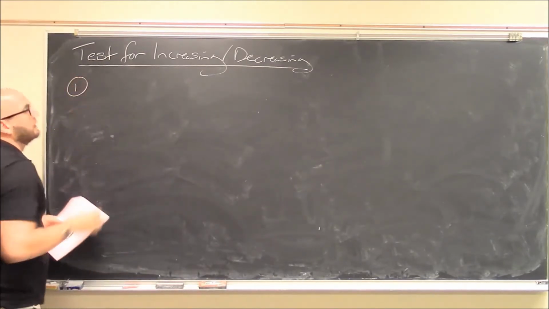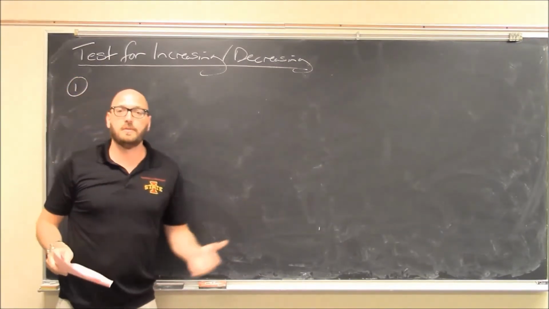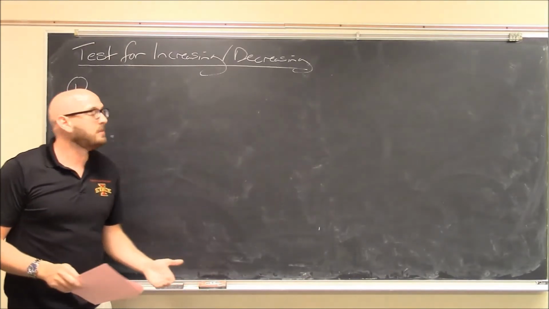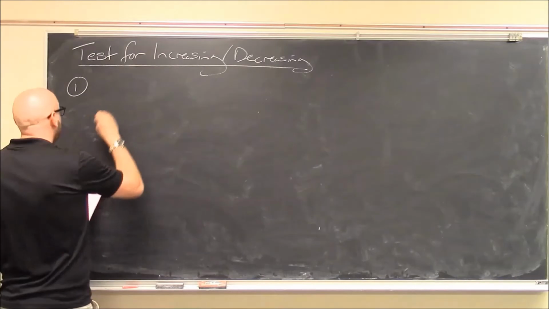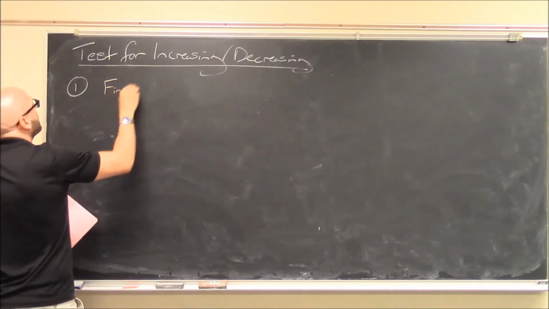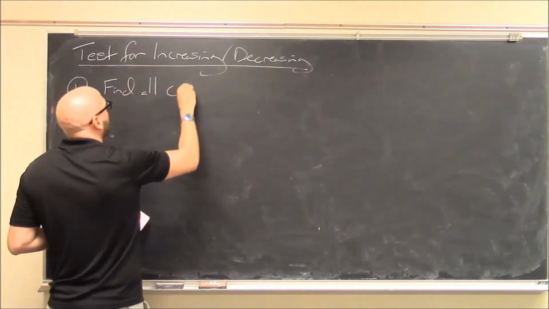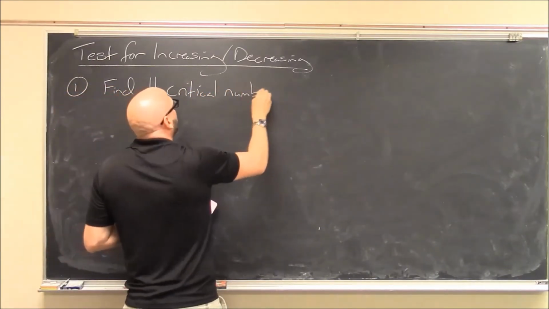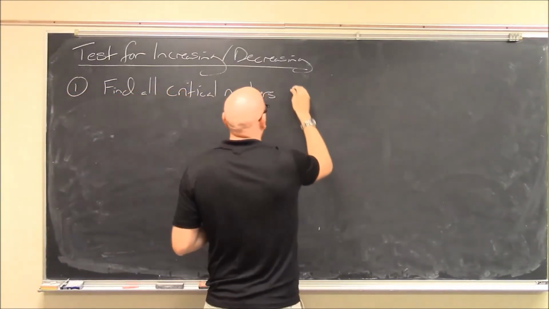Step one: if I want to know when a function is increasing or decreasing, the first thing I always do is find the critical numbers. Find all critical numbers for f.